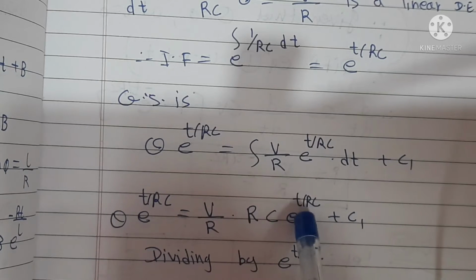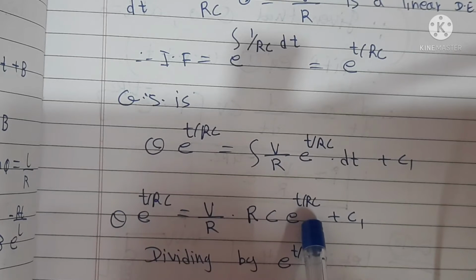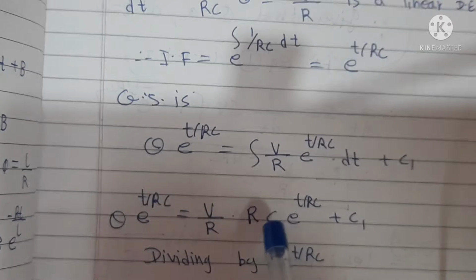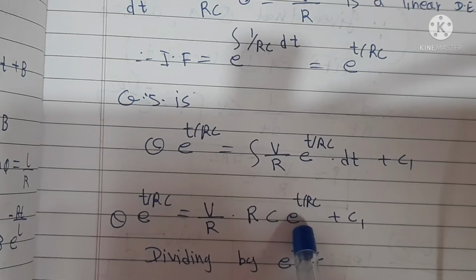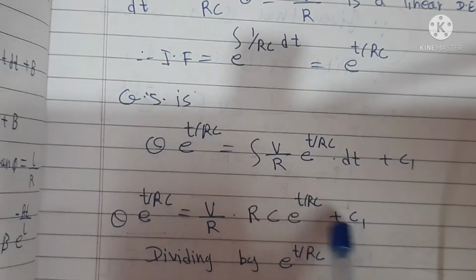1 upon RC is the constant coefficient, and I simply divide the equation by 1 upon RC in the denominator, so the numerator becomes RC here plus the constant C1 as it is.